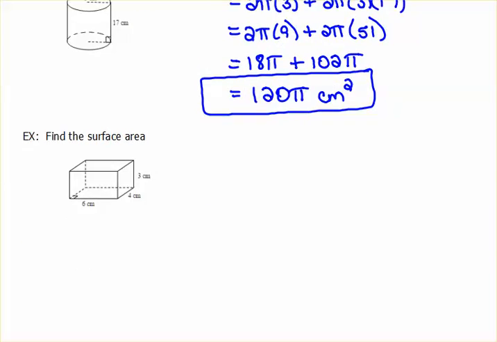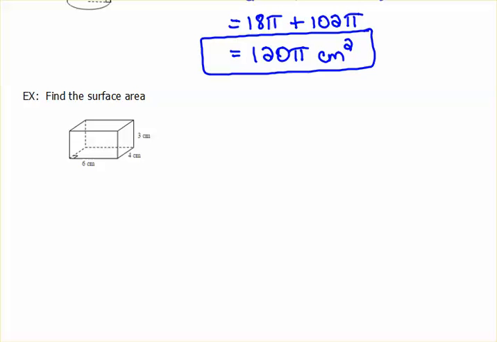Alright, and here we come to a rectangular prism. And our surface area for this, which would be kind of like looking at that box that we were talking about, our surface area formula is 2 times the length times the width plus 2 times the width times the height plus 2 times the length times the height.